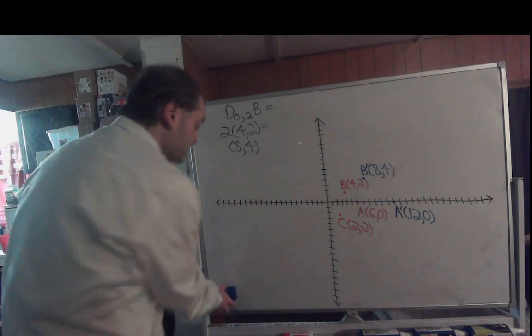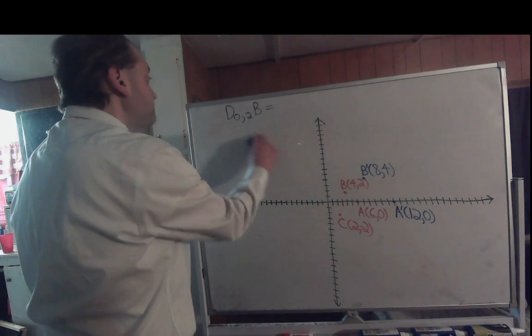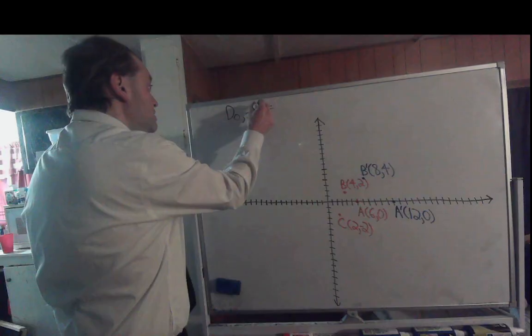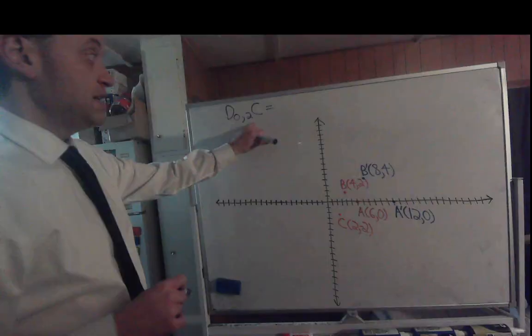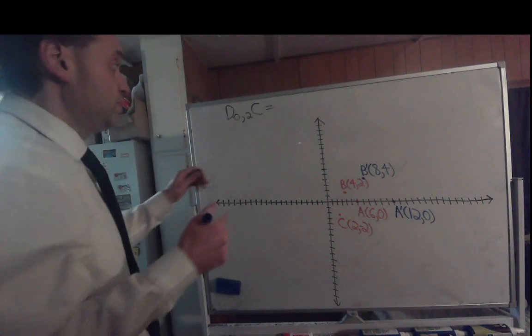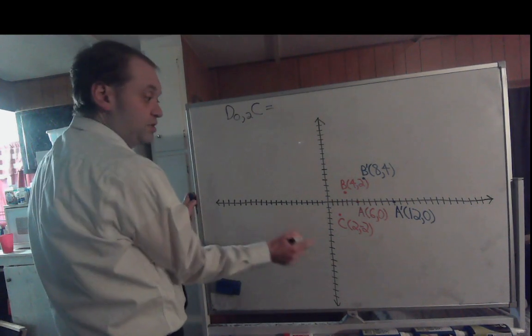And then, of course, let's do this through point C. This time I'm going to dilate through the origin at point C with a scalar multiple, a scale factor of 2. So take your coordinates for C and multiply that by 2.